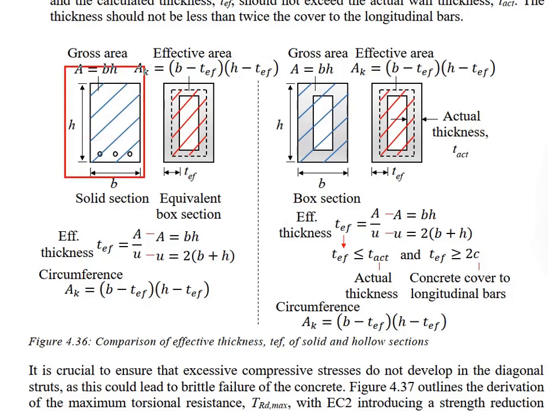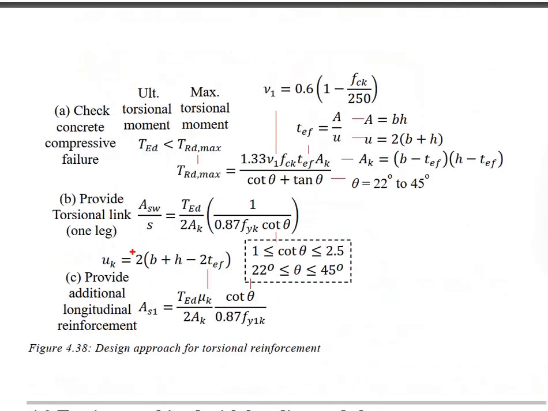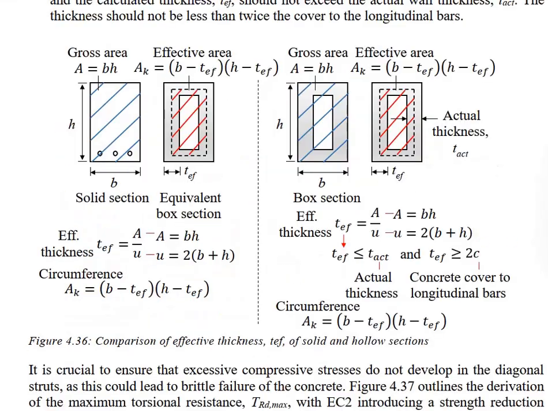If you are designing a solid member, you will need to assume the center part here contributes very minimally to the torsional resistance. Therefore, in terms of the design, you will assume your member resists the torsional load as per this equivalent box section. From this equivalent box section, you will need to work out the effective thickness, the effective area, the circumferences, and so on.